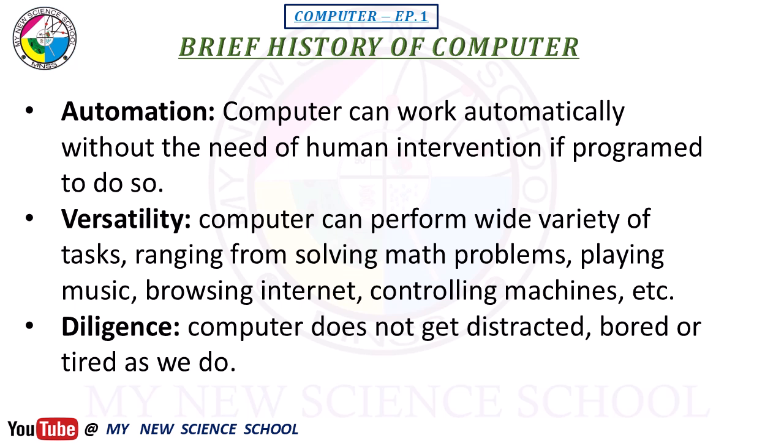So that's the computer for you. It can do its own tasks without being distracted, no matter how distracting the thing is, because it is not a living thing. So computer has diligence as one of its characteristics.